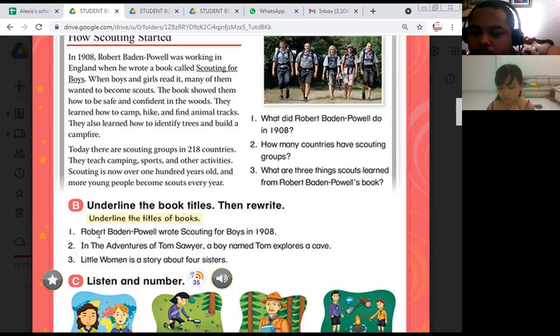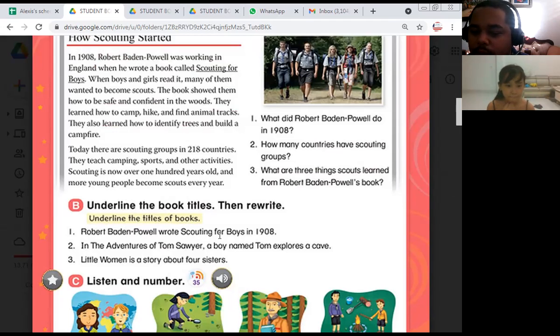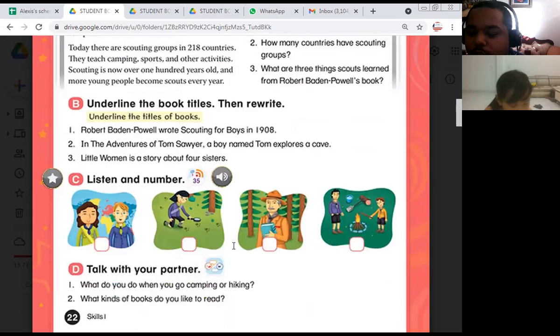For example, here we have Robert Baden-Powell's Scouting for Boys in 1908. What is it that we are going to do? We are just going to underline. Oh, Scouting for Boys. Yeah, that's right. Do it in your book and let me know once you are ready.